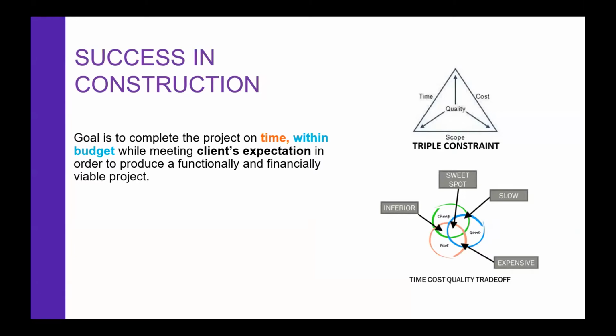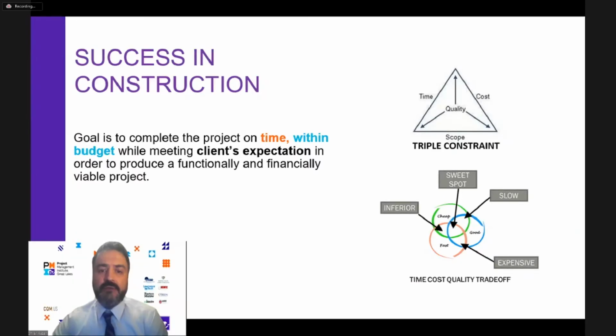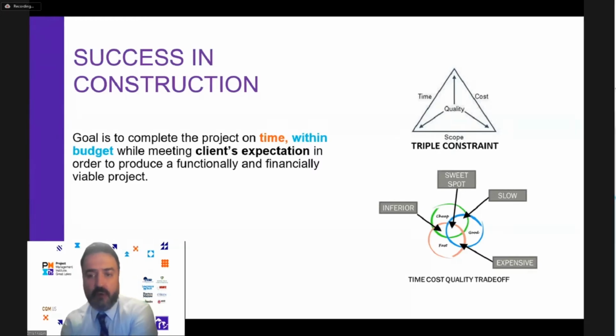We try to achieve this by using the triple constraint tools such as cost, scope, and time, where quality is attached to all of this.